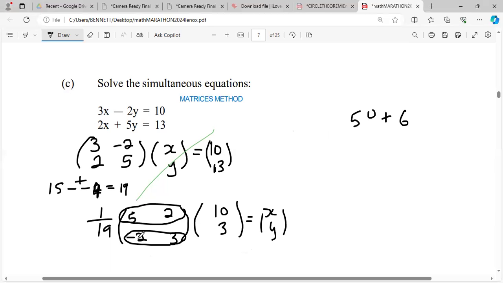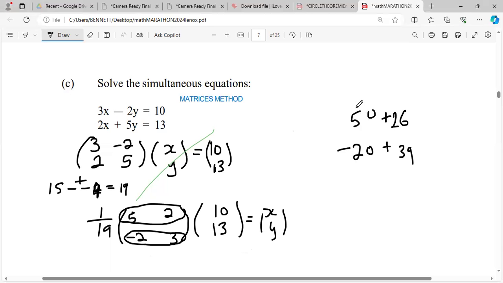Next, we have row by column here. Oh, this is supposed to be 13. So 2 times 13, 26. Sorry about that. Alright. Negative 2 times this, that's negative 20. And 3 times 13 will be 39.